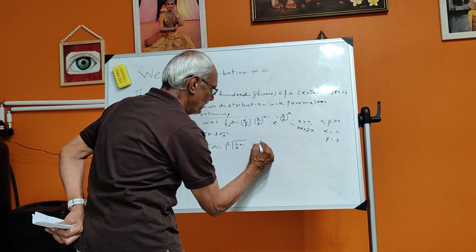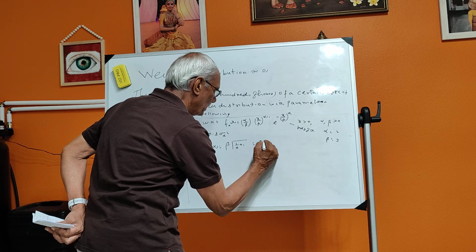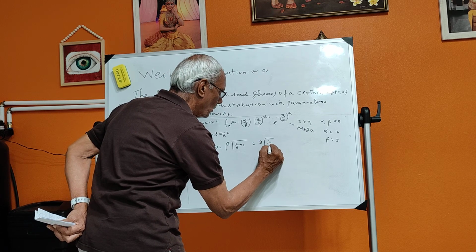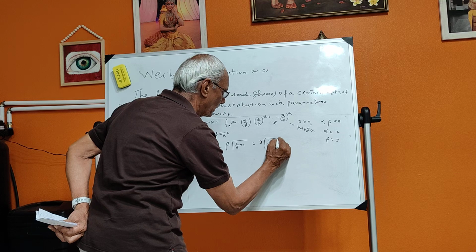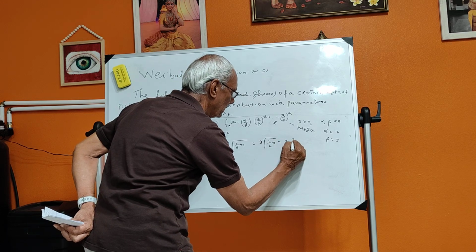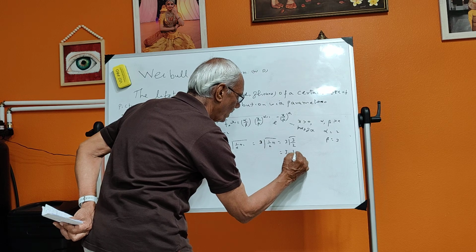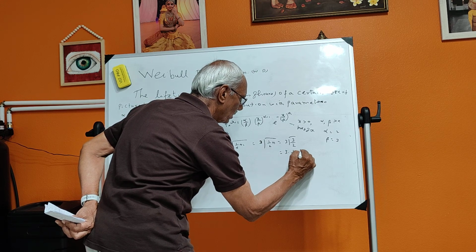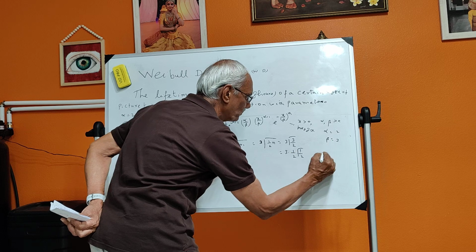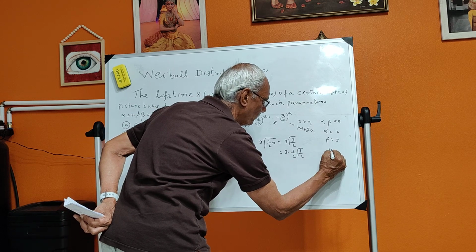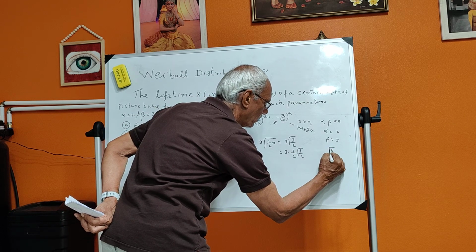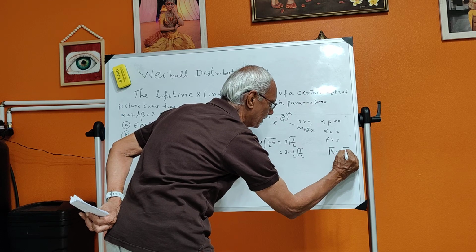So this is 3 into gamma of (1/2 plus 1), that is 3 into half into gamma of half. Gamma of half is equal to root of pi.